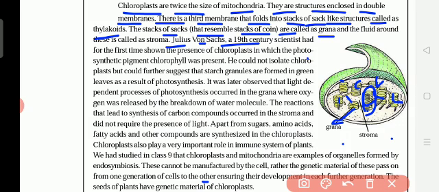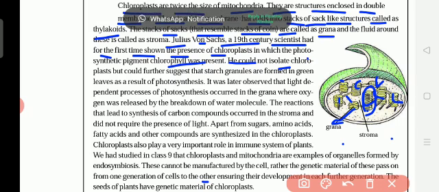Julius von Sachs, in the 19th century, was the scientist who for the first time showed the presence of chloroplast, in which the photosynthesis pigment chlorophyll was present. Which scientist did the research? Julius von Sachs.